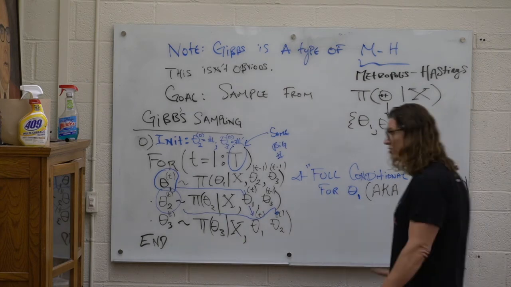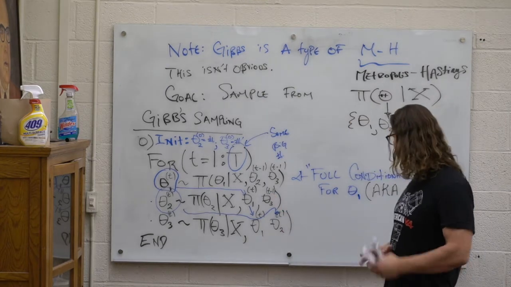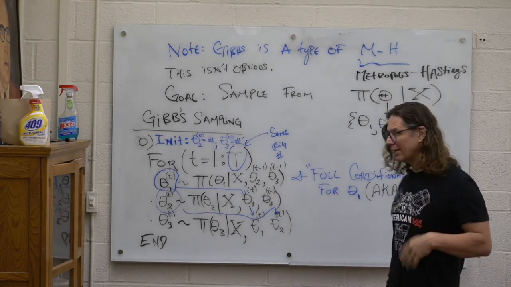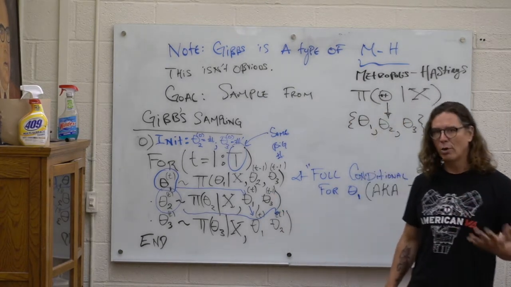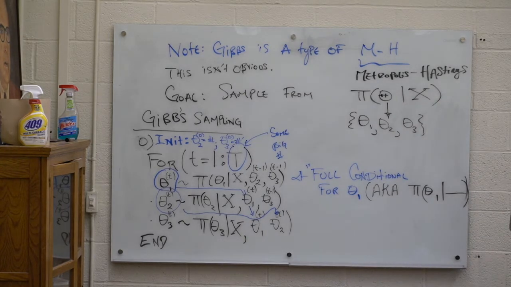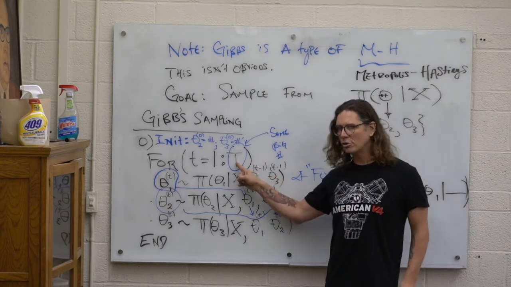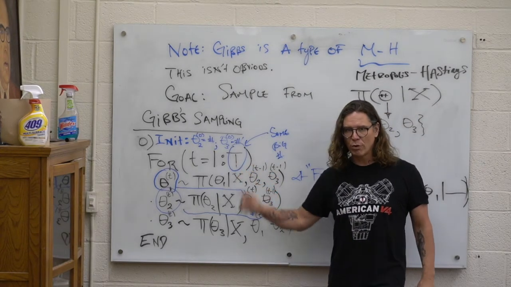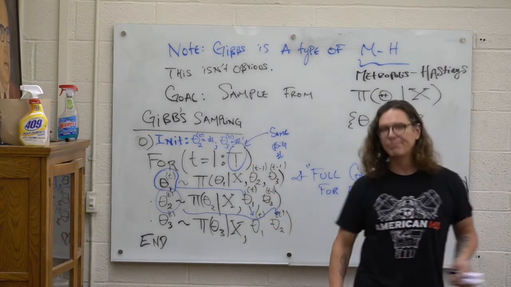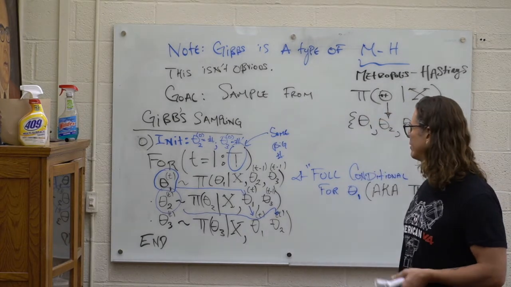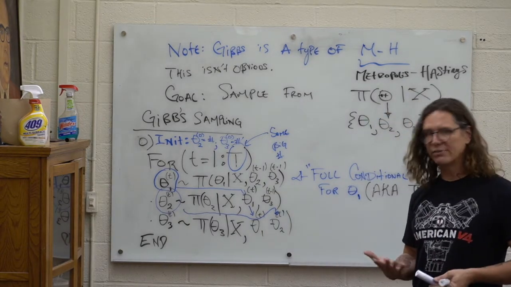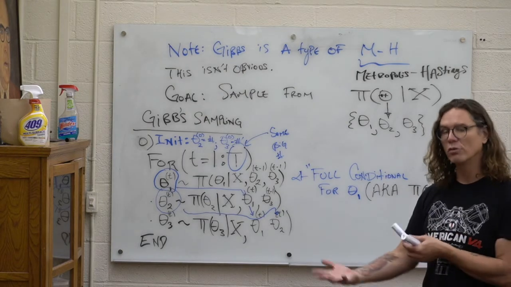There are a lot of details to talk about here. How you pick the blocks, how you break things up, and it all matters. So I don't want to say that nothing matters. Theoretically, if I weren't concerned about how long I run this thing for, everything will work. So the only thing that we're going to squabble about is how long it takes for the algorithm to converge.